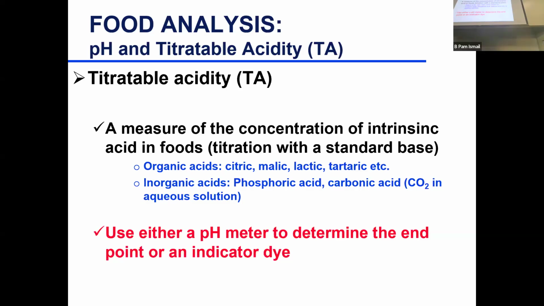If it is orange juice, it would be vitamin C or ascorbic acid. If it is lemon, it could be citric acid and so on. Tartaric for grapes, malic for apple. Citric, we also did 7-Up. You used citric acid as the main acid in 7-Up in lab.